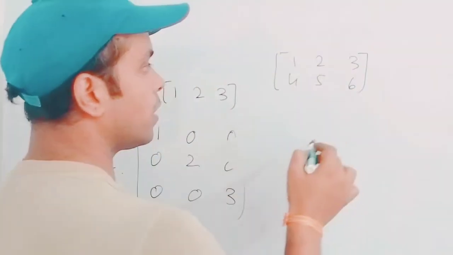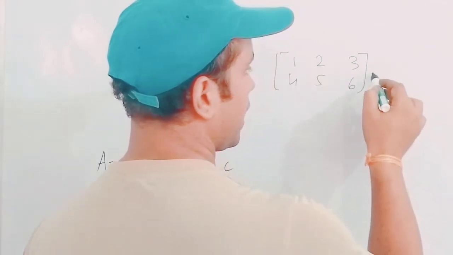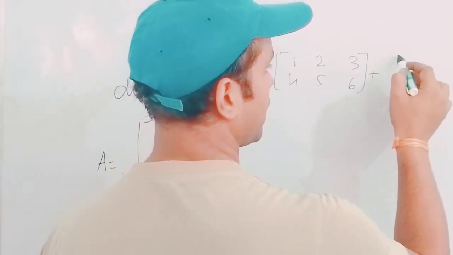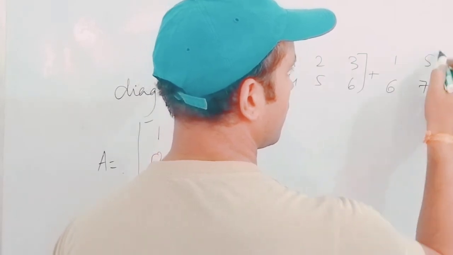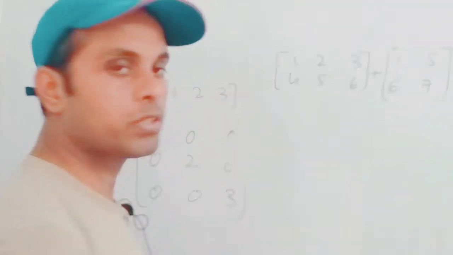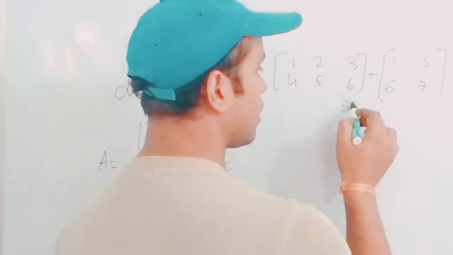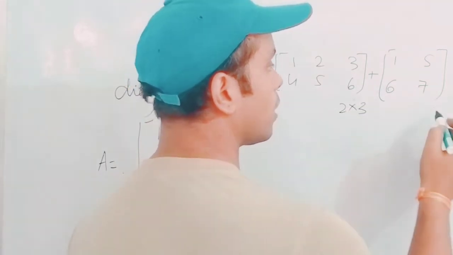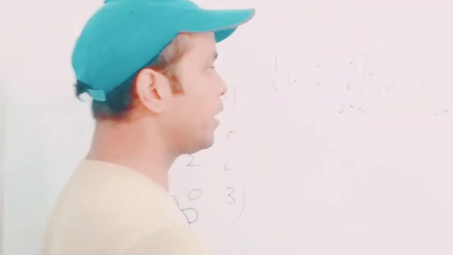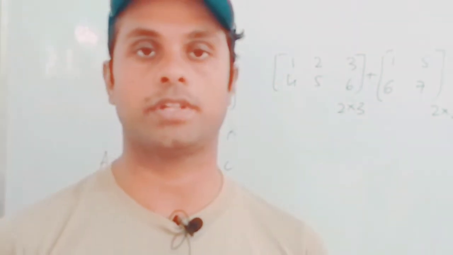This is a matrix of order 2 by 3, and you are adding another matrix of order 2 by 2. So, is it possible? What is the order of the first matrix? It is 2 by 3, and the order of the second matrix is 2 by 2.